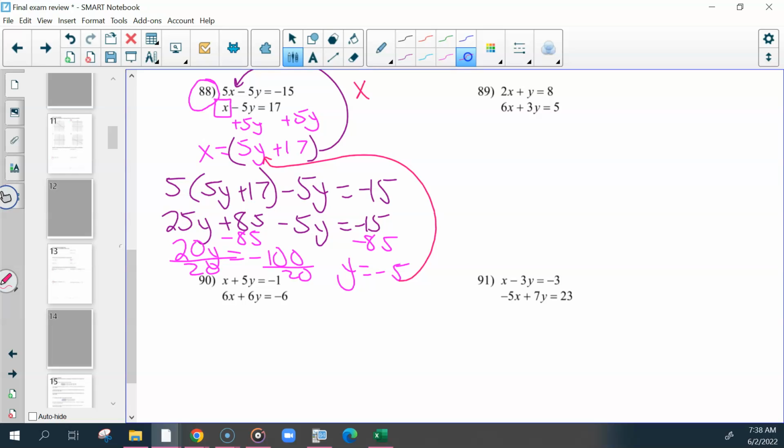So x equals 5 times negative 5 plus 17. So negative 25 plus 17, or x equals negative 8. And then we have to put them together in an ordered pair. So our ordered pair would be negative 8, negative 5.